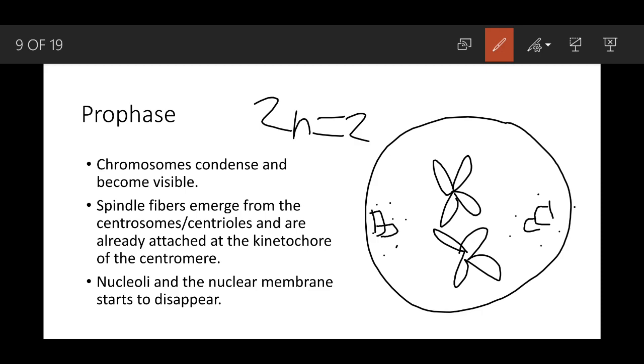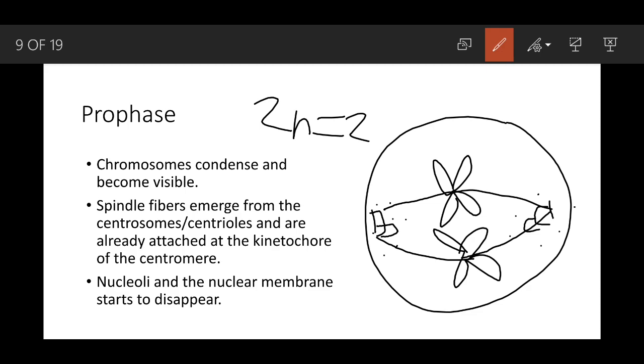And they're actually your source of spindle fibers. Now, for the spindle fibers, we just connect them to the chromosomes, specifically to the kinetochore of the centromere. Later we'll identify the difference between kinetochore and centromere.